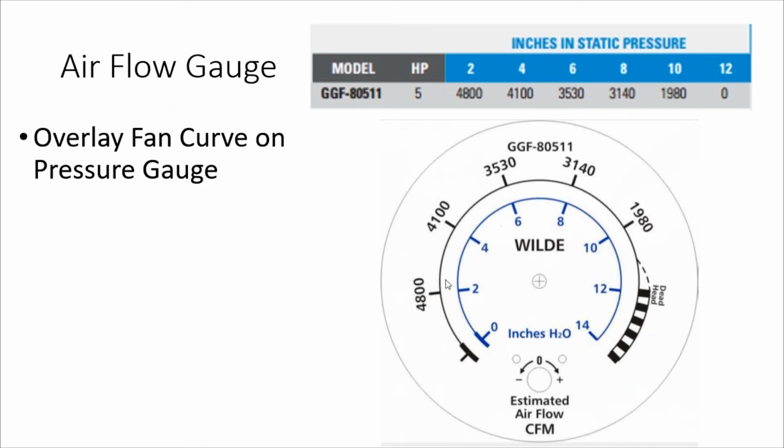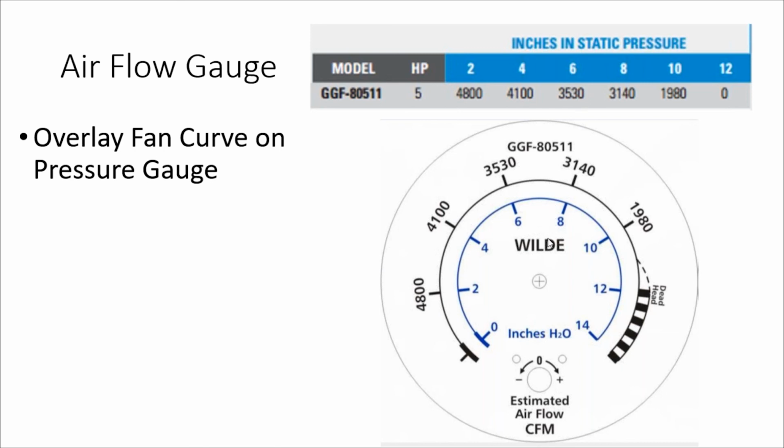This is something we developed a couple of years ago, and all it is, is overlaying a fan curve on a static pressure gauge. So here is the fan curve for a 5 horse high speed centrifugal fan. This is the airflow gauge. You can see you're reading 2 inches of water column and 4,800. All it is, is that exact fan curve right on this gauge. So that at 6, it's 3,530.